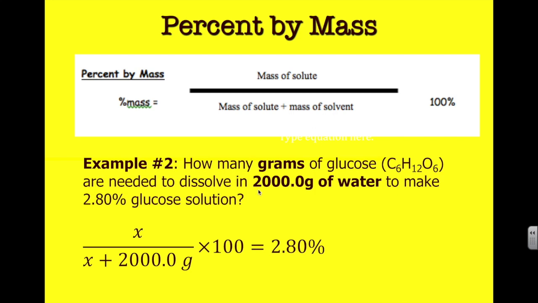What you can do is put an x for our mass of solute, and then you'll have to solve for x. You'll first divide by 100, and then you'll have to move this denominator over to the right side, distribute, combine like terms, solve for x, all that good stuff. I'll explain it to you in the next video, but the answer is 57.6 grams.